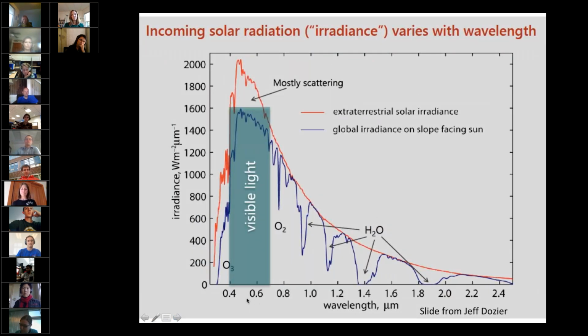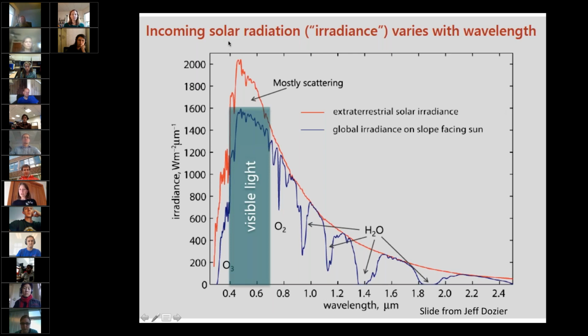So now we are looking at irradiance, watts per meter squared per micrometer. This is energy from the sun on the y-axis, as a function of wavelength in micrometers. Visible light, you see right here, is between 0.4 and 0.7 micrometers, or 400 and 700 nanometers, as you may have heard more.